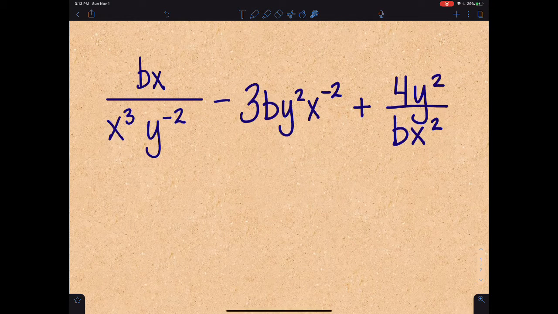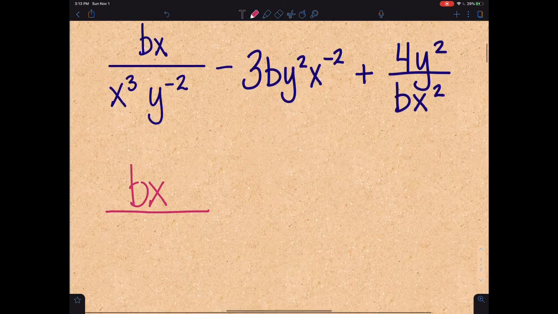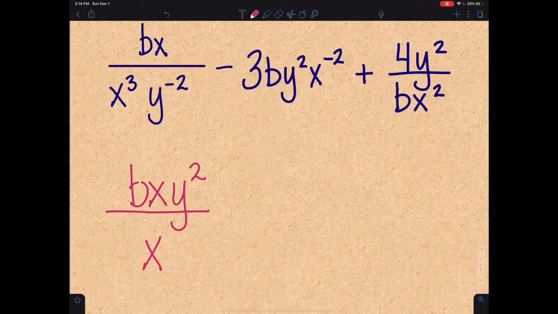If we rewrite this so that all of the exponents are positive, I'm going to have bx on the top, and then I'm going to divide it by, instead of this x cubed y to the -2, because of this exponent, I'm going to put the y on top and change the sign of the exponent. And then the only thing I have left is that x cubed on the bottom.